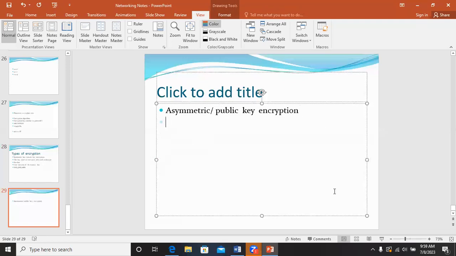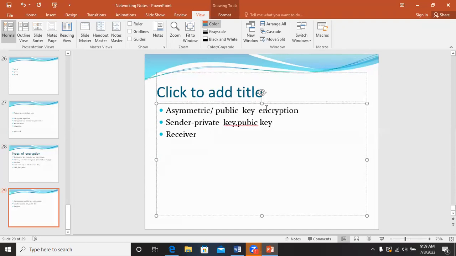It's okay, no problem. This is very important, please take note of this. It's very confusing. So you have a sender, you have a receiver, right? The sender will have a private key. The sender will also have his or her own public key.